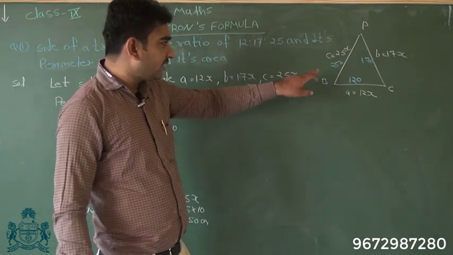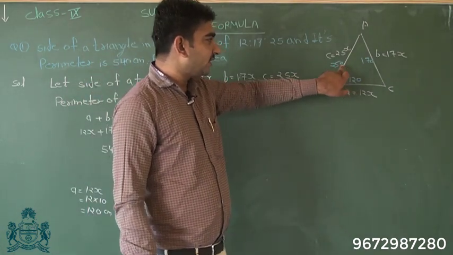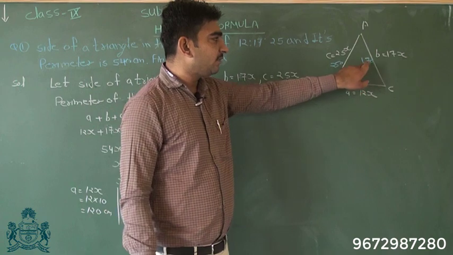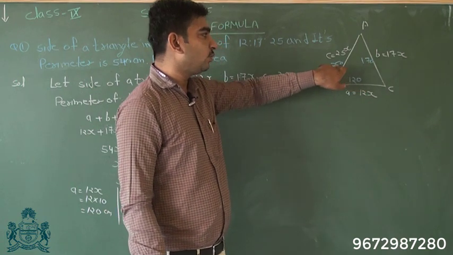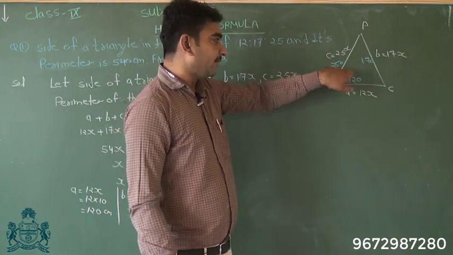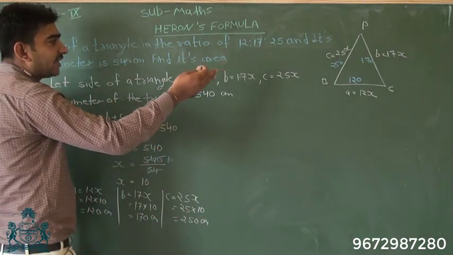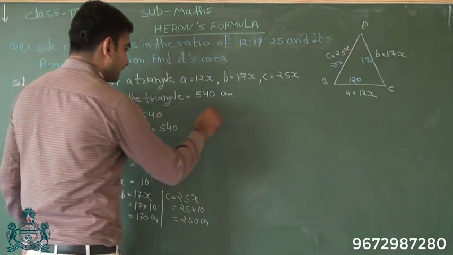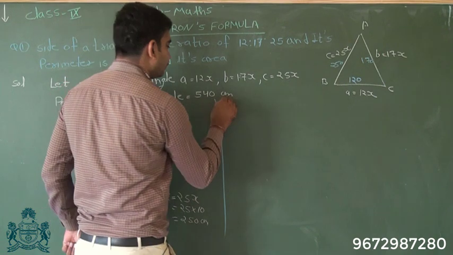Then the three sides are given: a equal to 120, b equal to 170, c equal to 250. With three sides given, we find the area using Heron's formula.